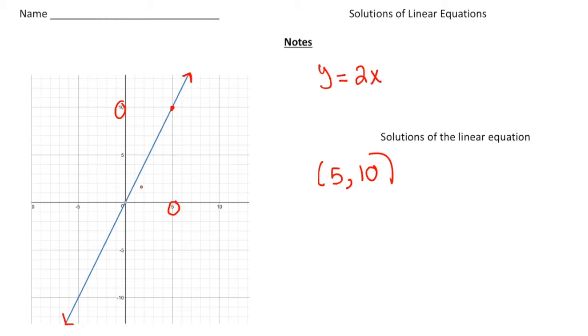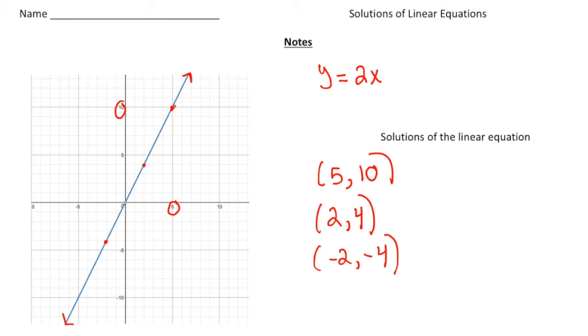This point right here, we know that x is 2 and y is 4. So 2 and 4 is also a solution. This point right here, we know that x is negative 2 and y is negative 4. So negative 2 and negative 4. And this goes on forever.